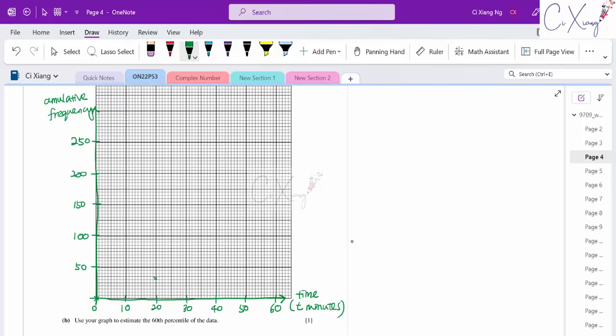Next value, t 30, then the cumulative frequency is 66. So 66 will be somewhere here. I just plot it according to what I understand and what I see here. Then 35 is 112. Okay, 40 is 178.